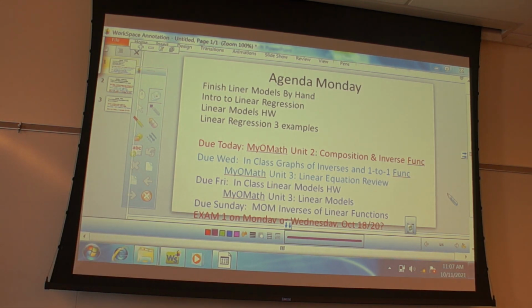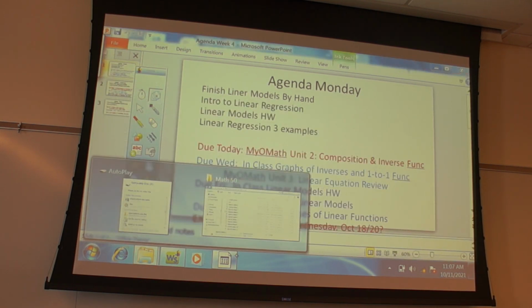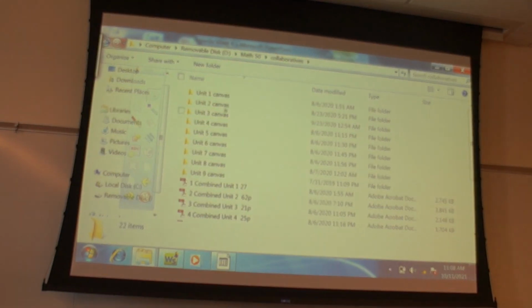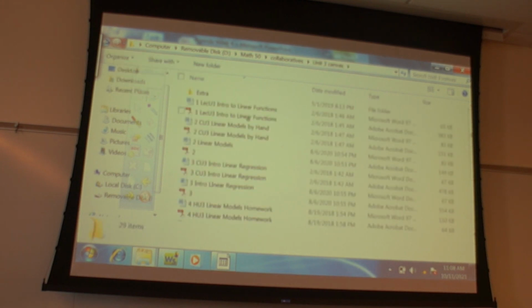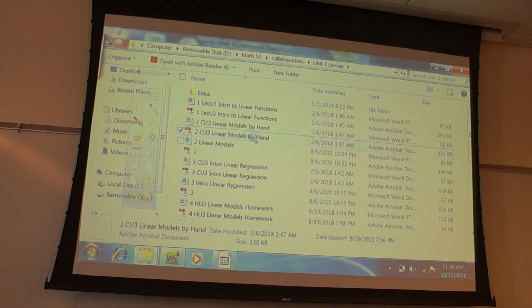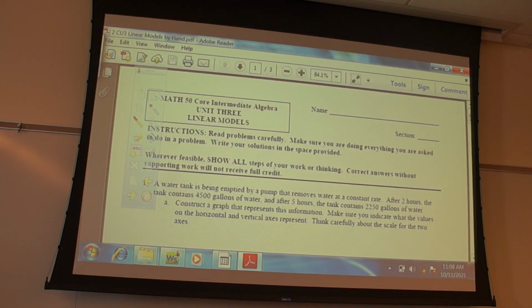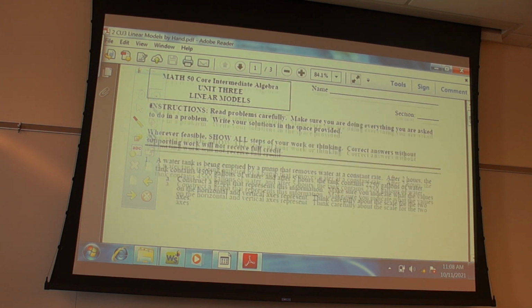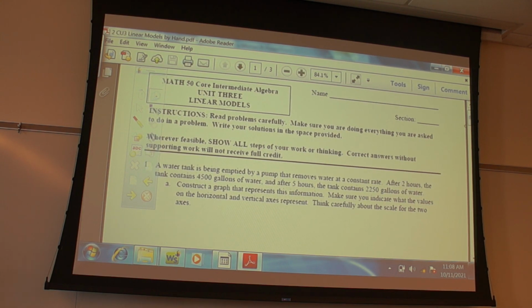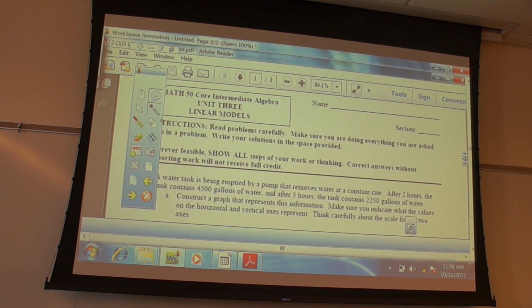So let's go ahead and grab the linear models by hand handout. Well, you wanted us to remind you to pass out the practice test this week. Oh yeah, okay, good. It looks like unit 3. Oh, we did not finish that one. So this is the one we're working on now.